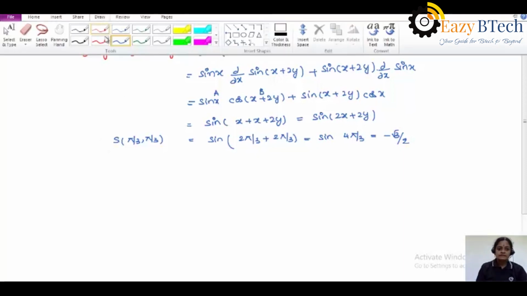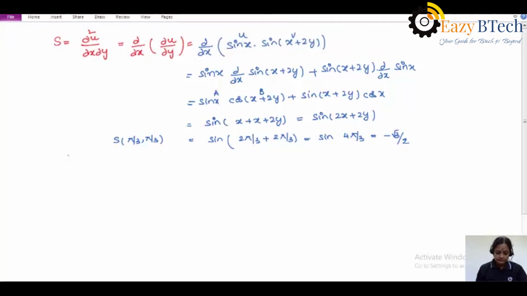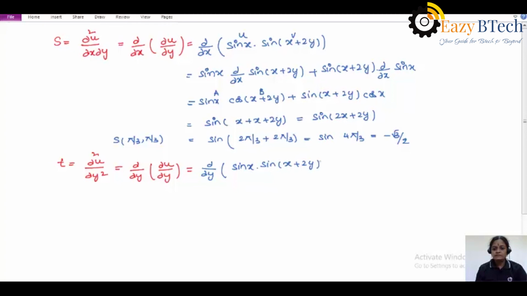Next, finding the value of t here. The formula for t is dou square u by dou y square, dou by dou y of dou u by dou y. Substituting the dou u by dou y value here, dou by dou y of sin x into sin of x plus 2y.